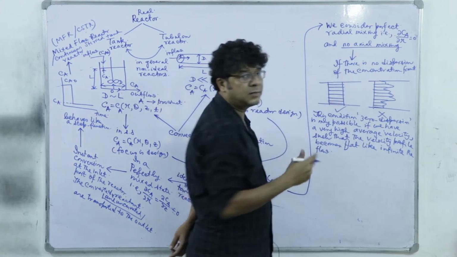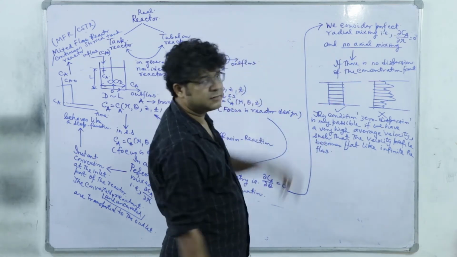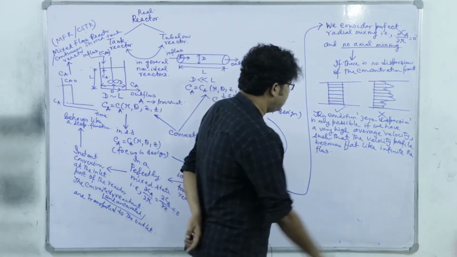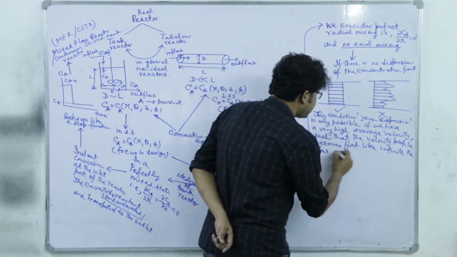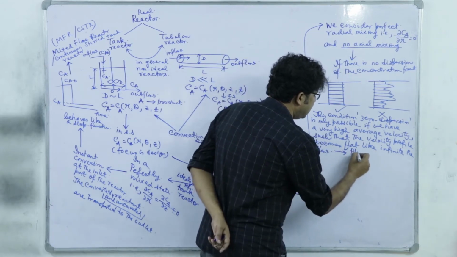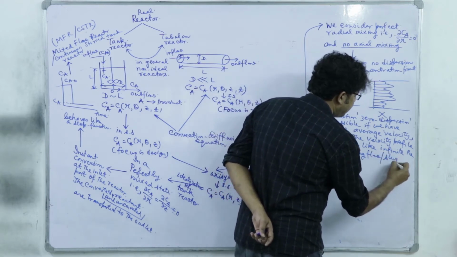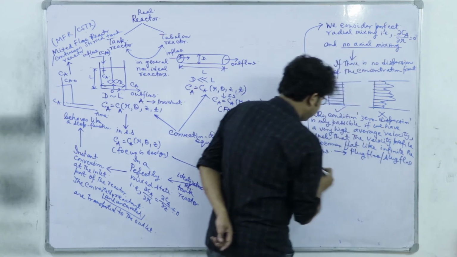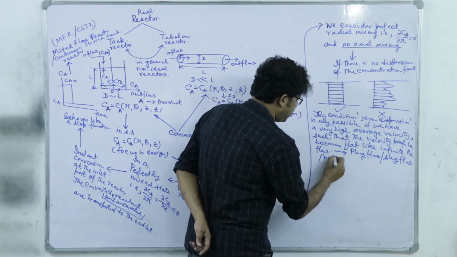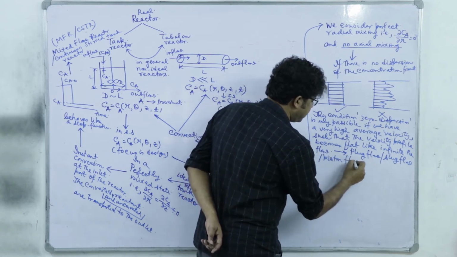So, when Reynolds number tends to infinity, the profile becomes flat, it is extremely turbulent, right? And this we call plug flow, slug flow, piston flow, etc.